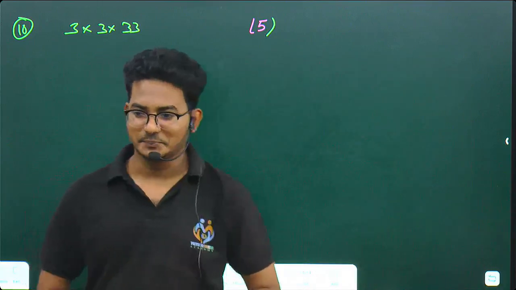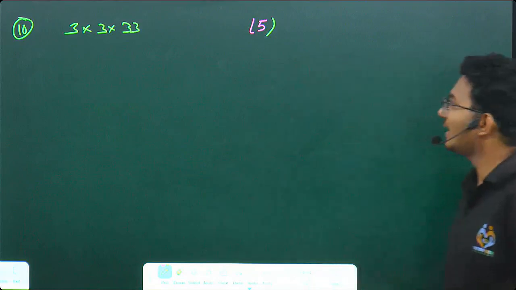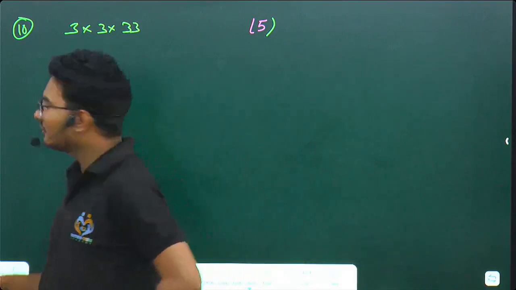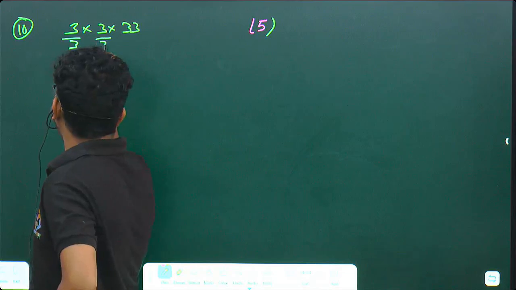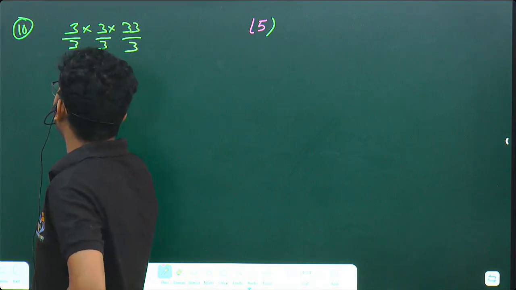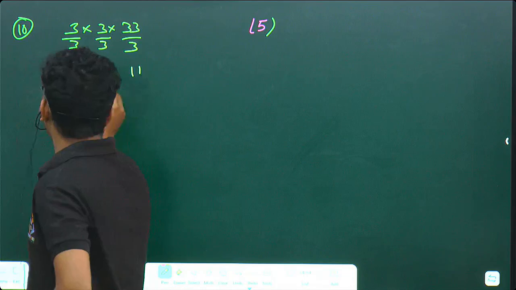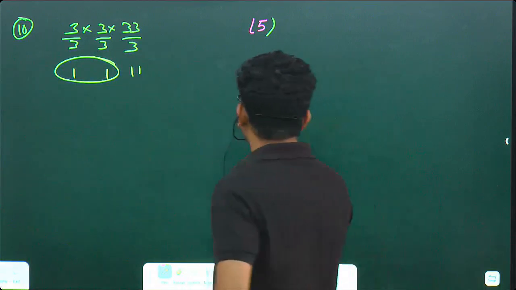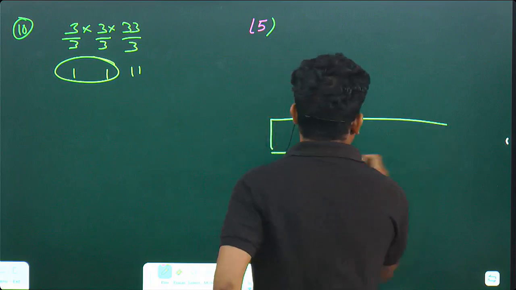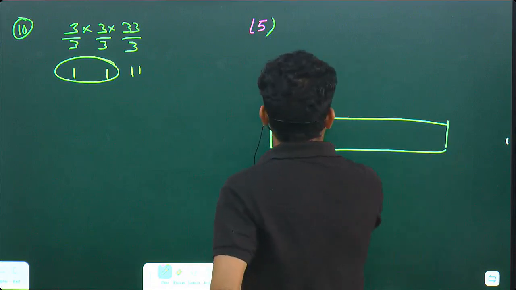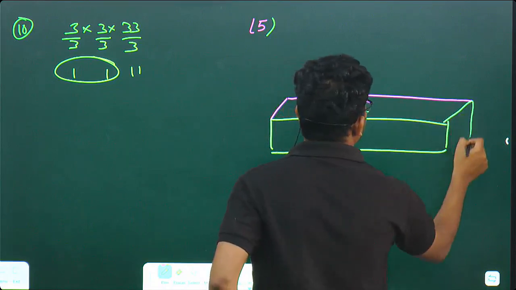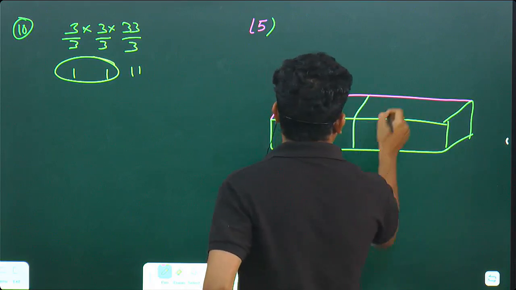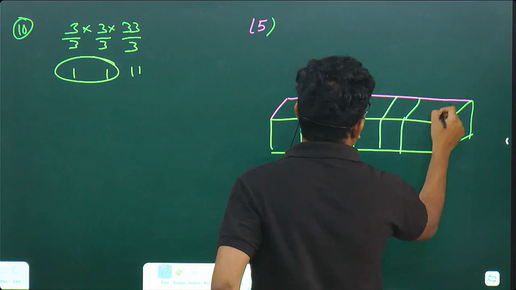How? Again, for this, you need to imagine the cube here. Wait, listen here. Then you can try. See, 3, 3, 33. So here we'll get 1, 1, 11. So here we are getting 2 ones. Your figure will be something like this.